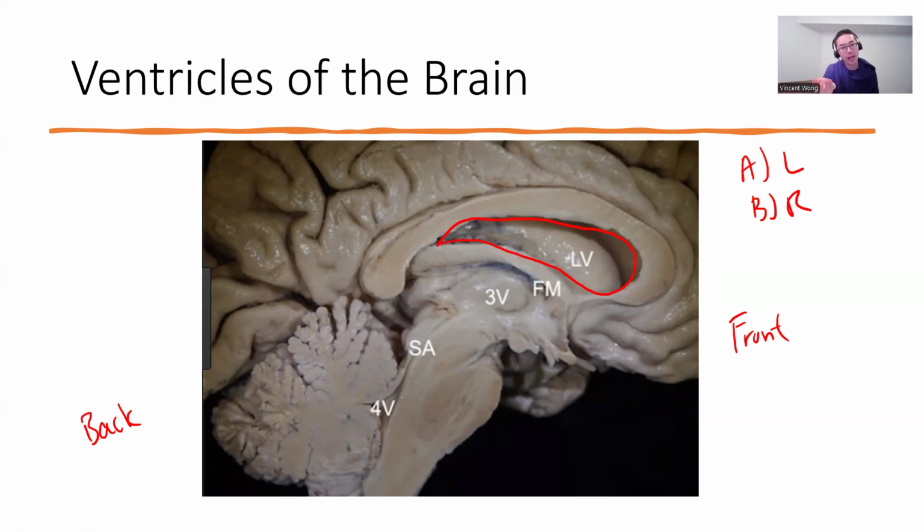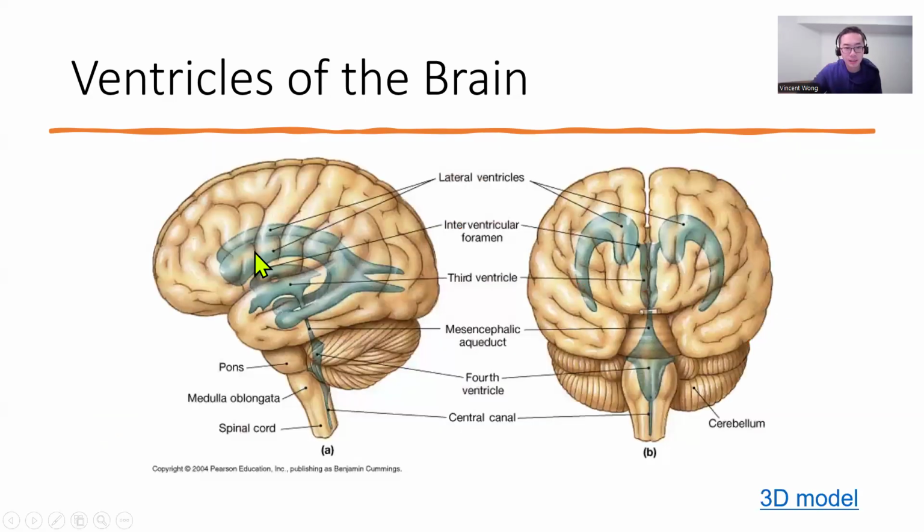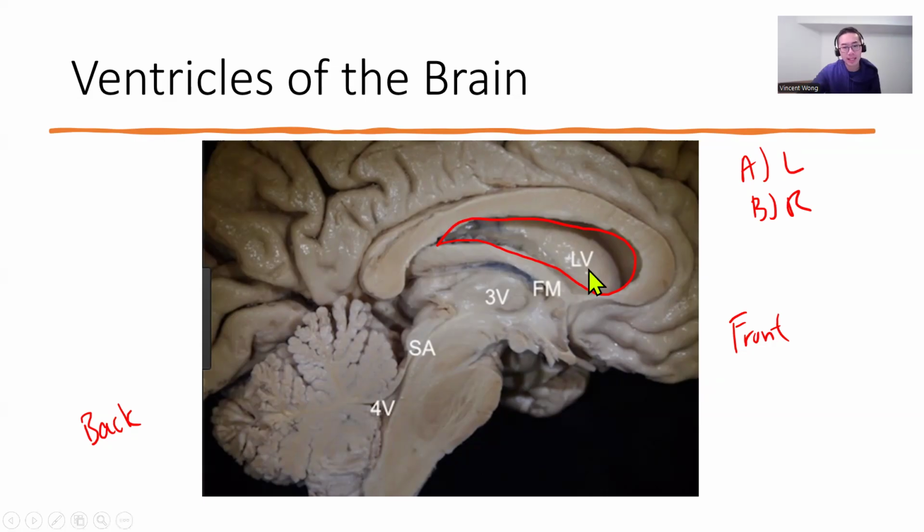Like if you stick your hand into the lateral ventricle right there, it's going to be a C shape that goes all the way around, and then there's going to be a pointy thing at the end, right? Look here. It's actually really big. But we cut the brain in half, and the ventricle is inside the brain, so that's why we cannot see it.